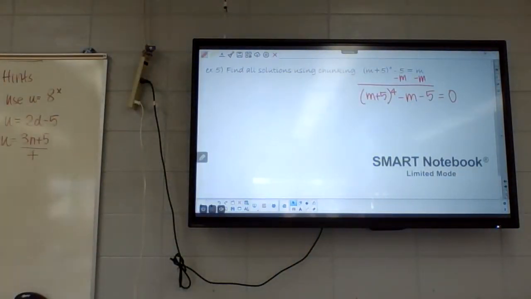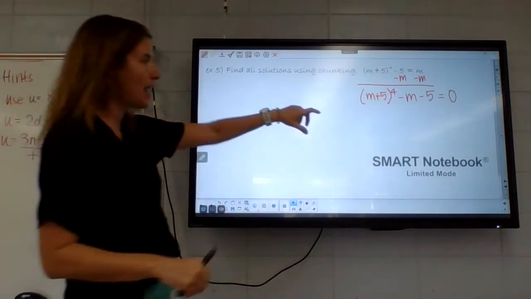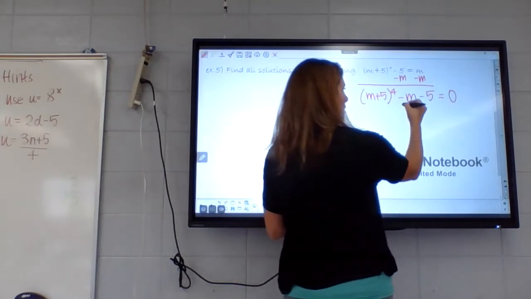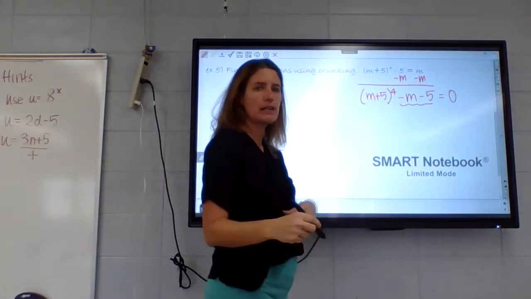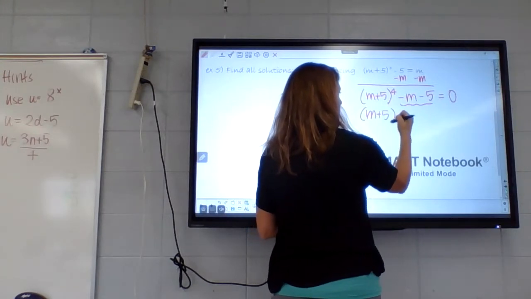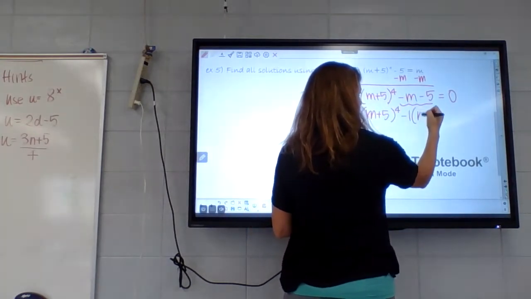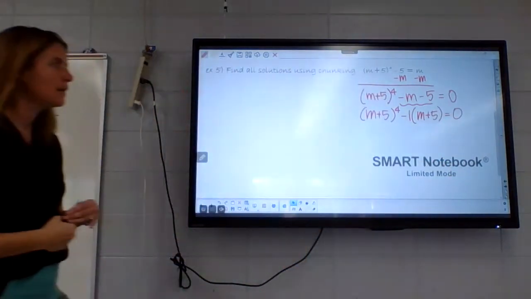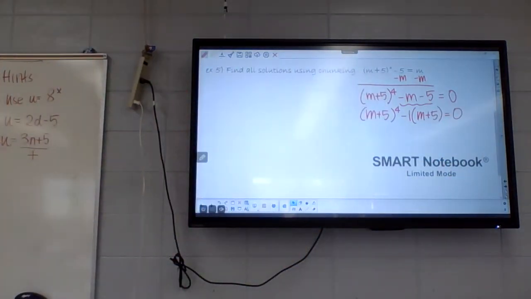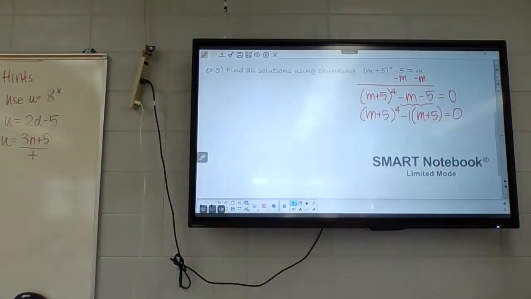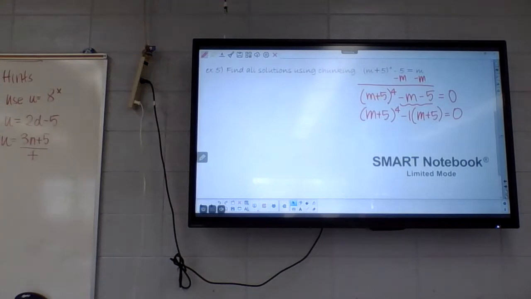I noticed I could pull out a -1 out of both of those terms, so I'm going to do that. Most of the problems you would get probably would look something more like this. Like I said, it is a little bit trickier than I wanted it to be to begin with.